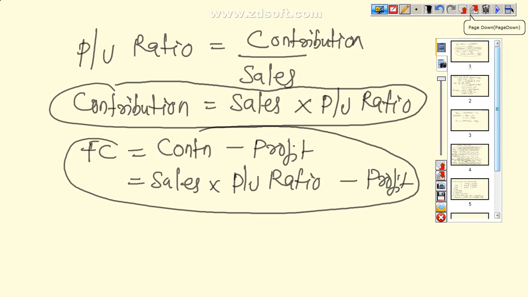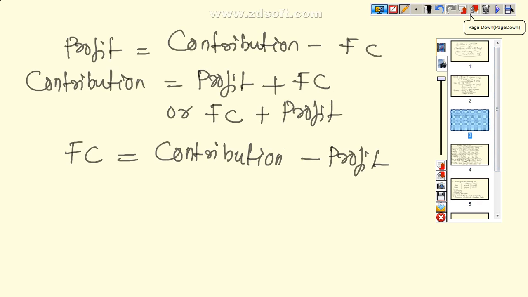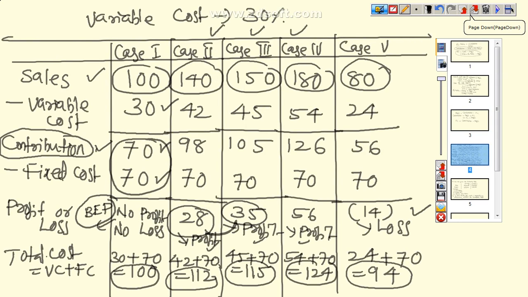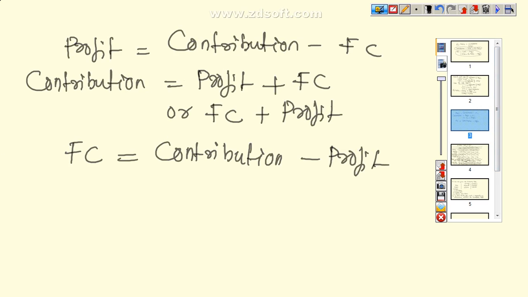Now we come to break even point. In this example, break even point is equal to contribution is equal to fixed cost, or total revenue means total sale is equal to total cost. But break even point we calculate on the basis of output as well as sale.